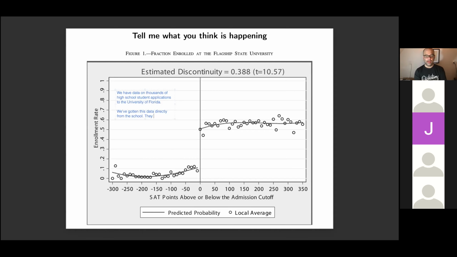We needed all applicants and their SAT scores, and whether they attended. Once we have that, we plot a graph like this in order to show the jump in the probability of attending Florida if you have the minimum SAT score required for admission.